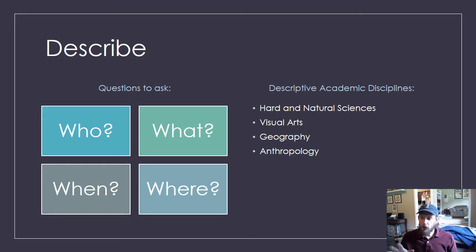We want to compose, use colors, represent things in the world that are tangible and knowable. Geography, where is it? Anthropology, what's the timeline of our progression as humanity from one state of civilization to another? Ask that when question, and what was happening during any particular period of time.